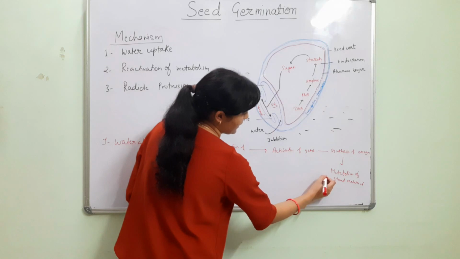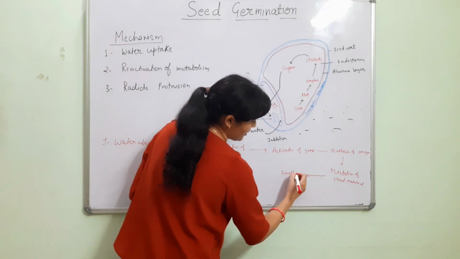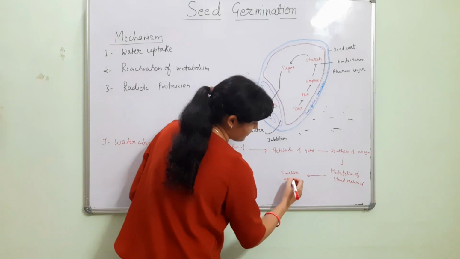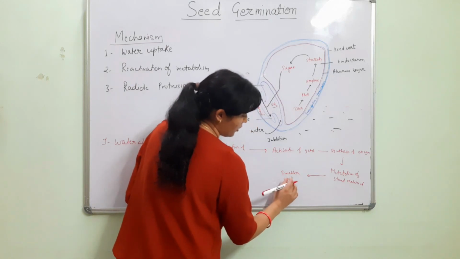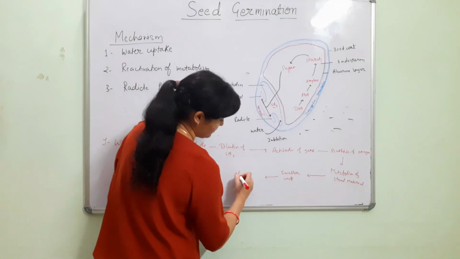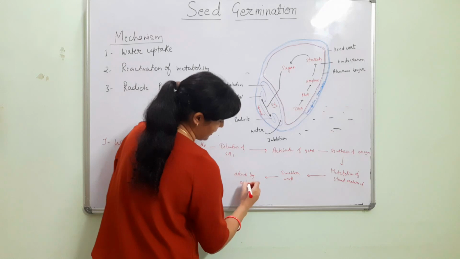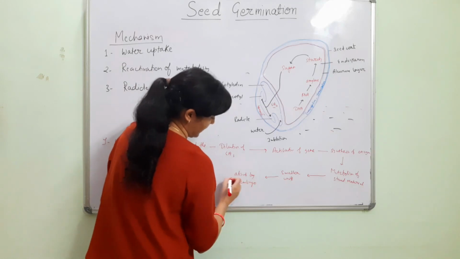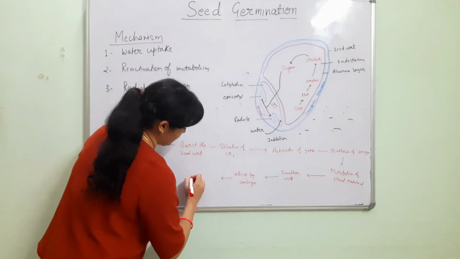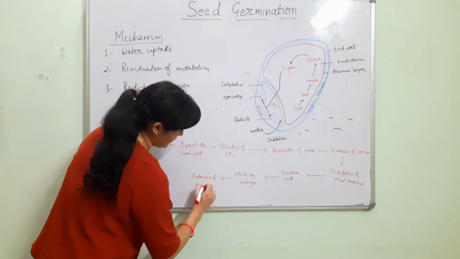Okay, then it is converted into smaller units, small units, then absorbed by the embryo, and finally the protrusion of the radicle takes place.